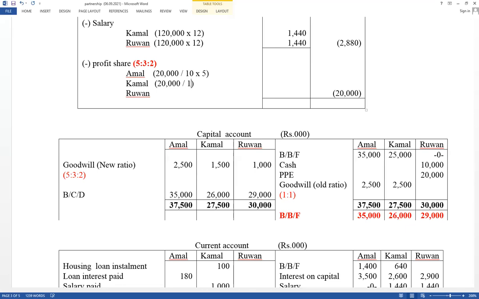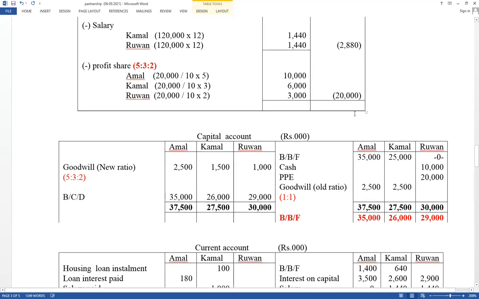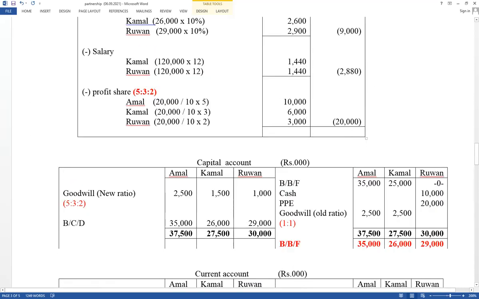As well as 20,000 divided by 10 into 2. Therefore, profit share equal here 10,000, 6,000 as well as 4,000. Then how to calculate profit share? And closing balance should be 0.